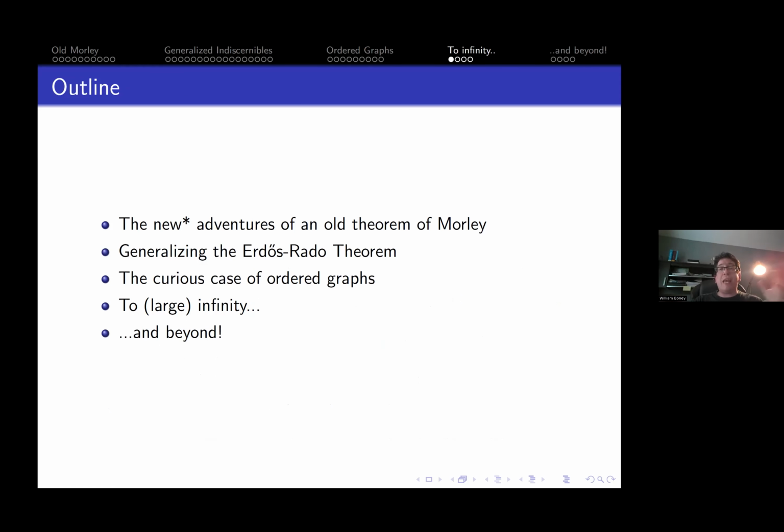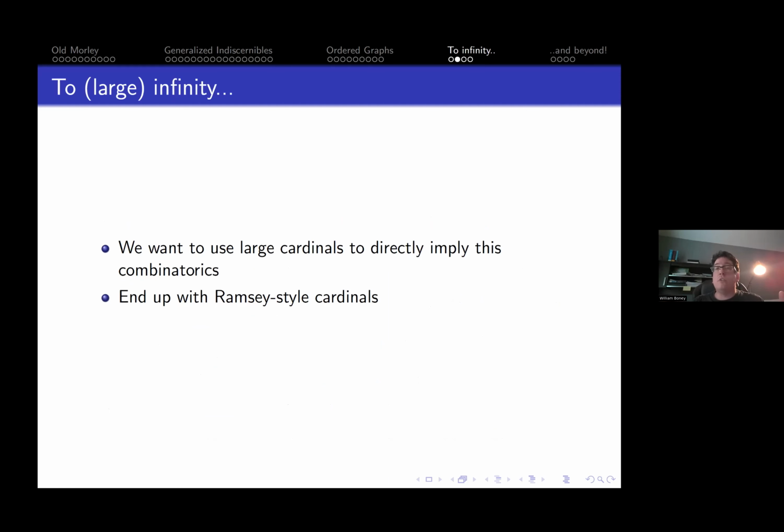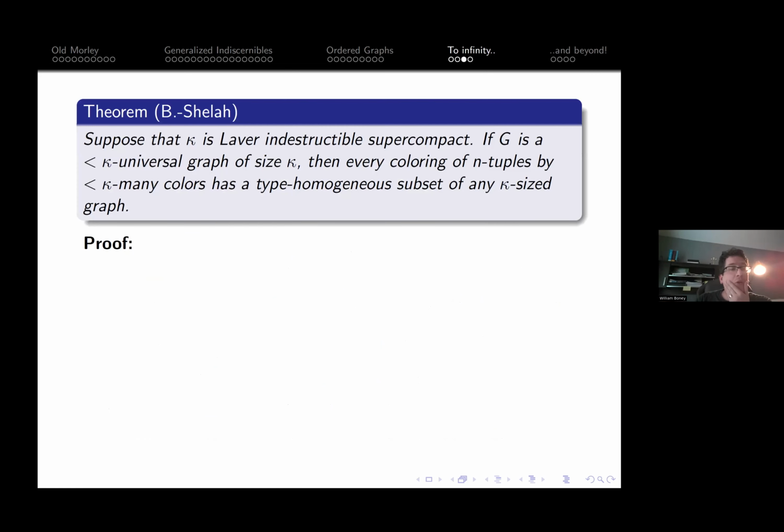Okay, so let's take this now and let's go off to infinity and beyond. The first stop, large infinity, is large cardinals. So what is this proof?